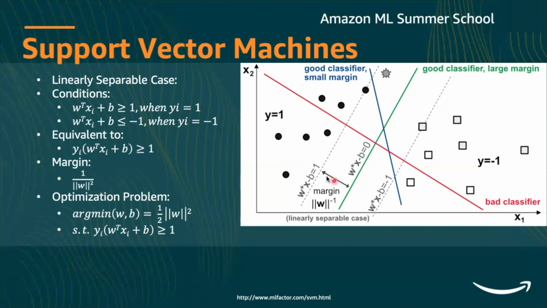So what you would want is to maximize the margin. To maximize this inverse function is equivalent to minimizing half norm w square under the constraint that the samples of class 1 should be above this, the samples of class -1 should be below this. And hence you get w transpose xi plus b equal to 0 once you solve this problem, as the SVM model.